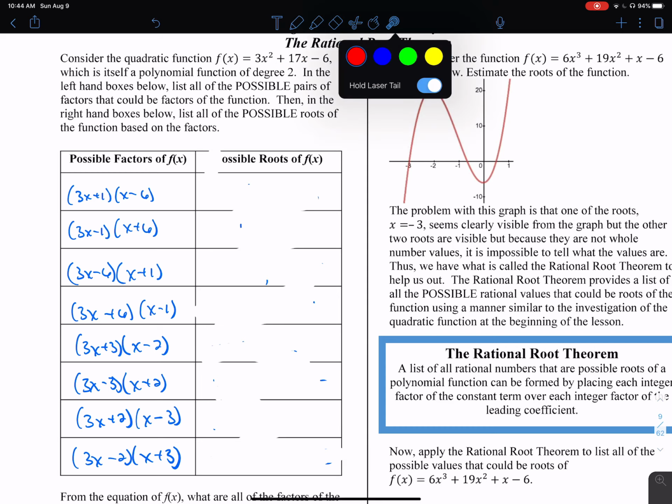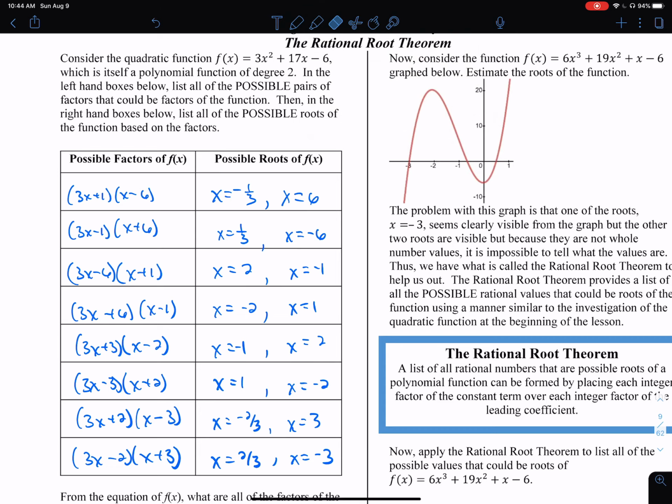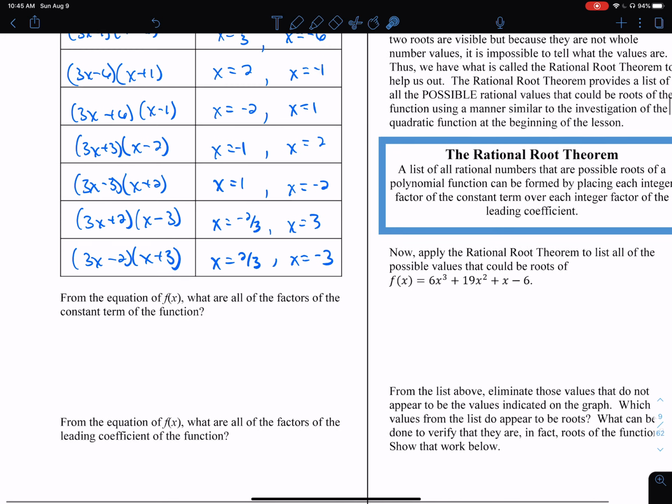So we have these combinations here like 3x plus 1 and x minus 2, which means the possible roots of this, according to the factor theorem, would be -1/3 and a +6. So we've listed here all the possible roots of f of x based upon the leading term and the constant.